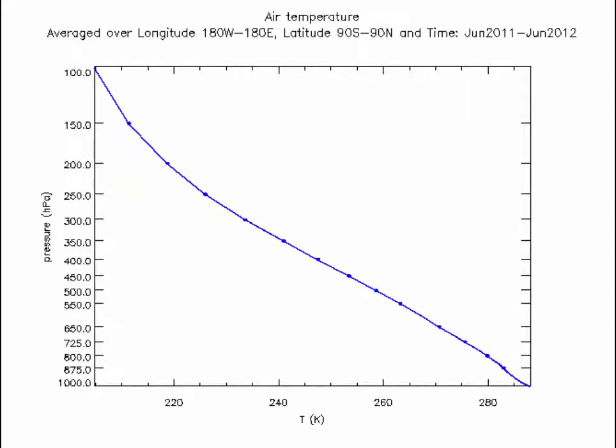So let's look at the physics of the problem a little bit more closely. What I show here is a plot of the temperature of the atmosphere as a function of altitude. So the y-axis is altitude running from the surface at 1,000 millibars to the tropopause at about 100 millibars. This is about 15 kilometers altitude. And the x-axis is temperature in Kelvin. And if you remember, we said on the last slide that the effective radiating temperature of the Earth is about 255 Kelvin.